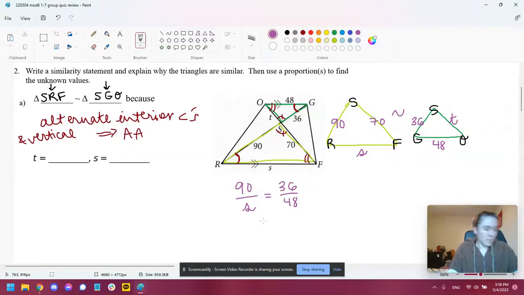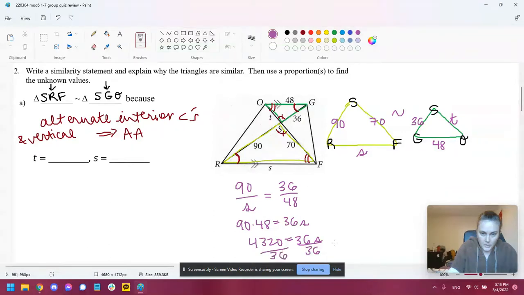Then I can cross multiply, and I probably should have a calculator out to do this. I'll use my phone. I can say 90 times 48 equals 36 times S. 90 times 48 is 4,320. And then I'll divide by 36. Divided by 36, S is 120.